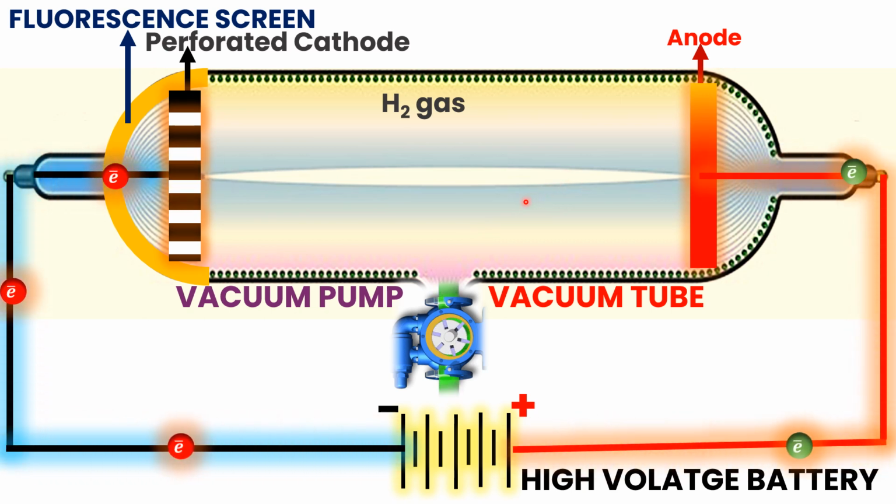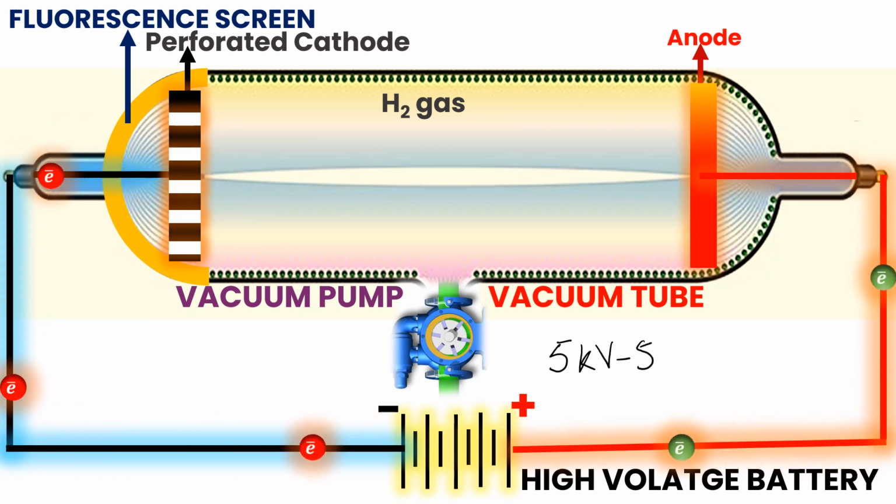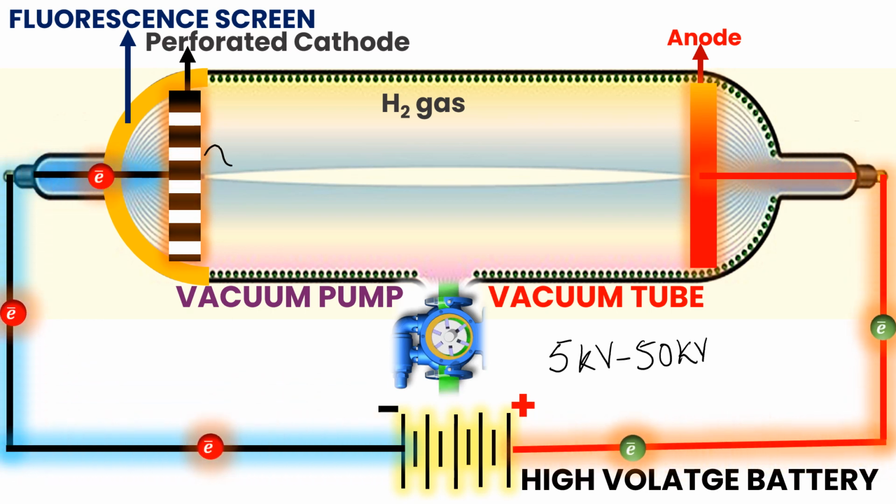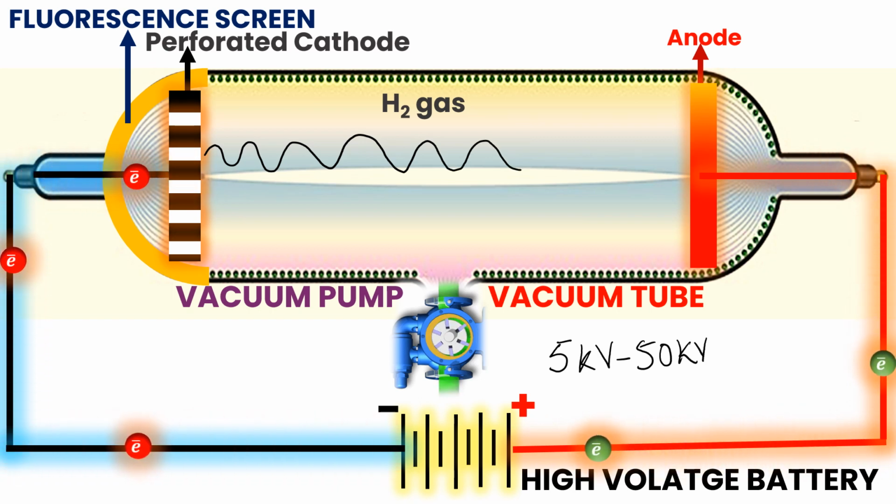Now, dear student, keep in mind that when high potential is applied, Goldstein applied potential between 5 kilovolts to 50 kilovolts. Goldstein noticed that cathode rays were produced from the cathode and traveled toward the positively charged anode.